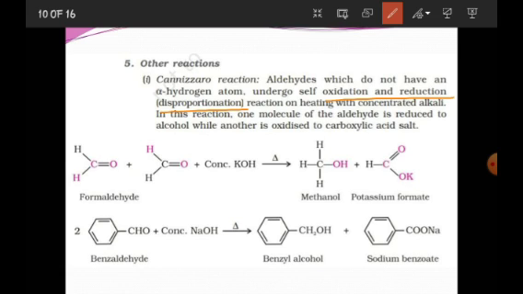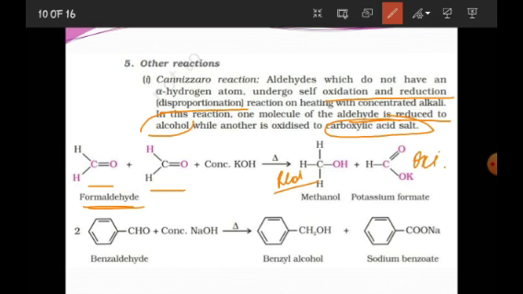In this reaction, one molecule of aldehyde is reduced to alcohol while the other is oxidized to carboxylic acid salt. So here what we have taken? Formaldehyde, and it does not have alpha hydrogen. In fact, it does not have alpha carbon, so it does not have alpha hydrogen as well. See, 2 molecules of formaldehyde will react and this is the reduced product in which they will form an alcohol, and this is the oxidation product in which they will form carboxylic acid salt.